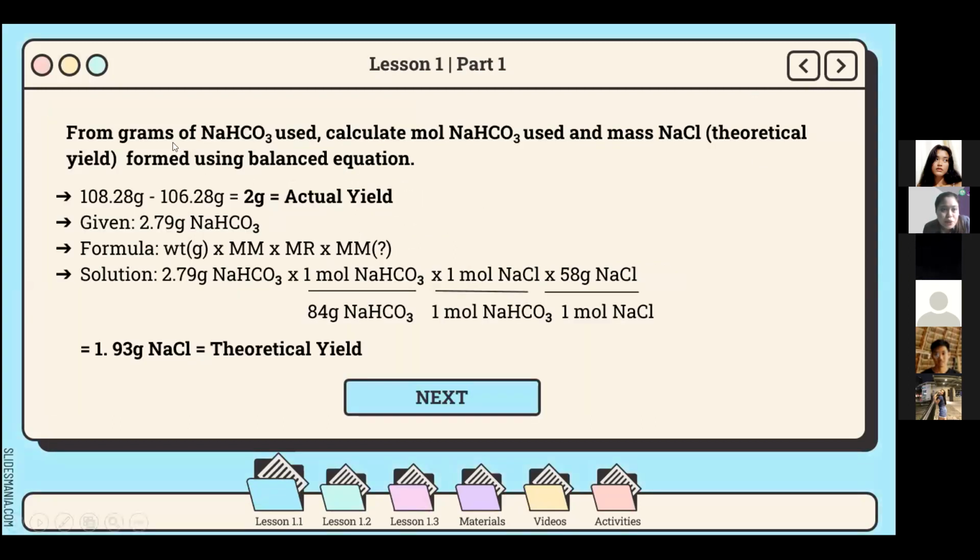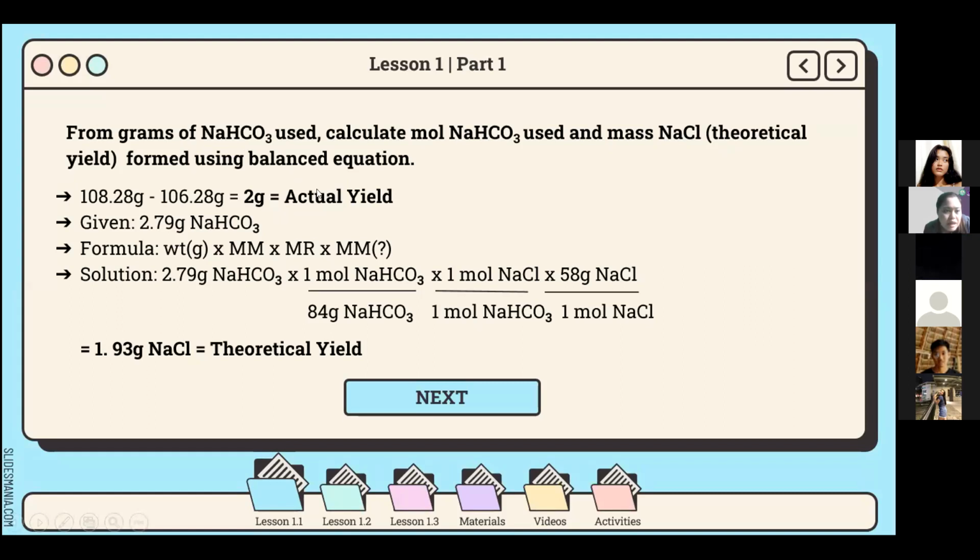So, for the grams of sodium bicarb used, calculate the moles used and the mass of the NaCl formed using the balanced equation.